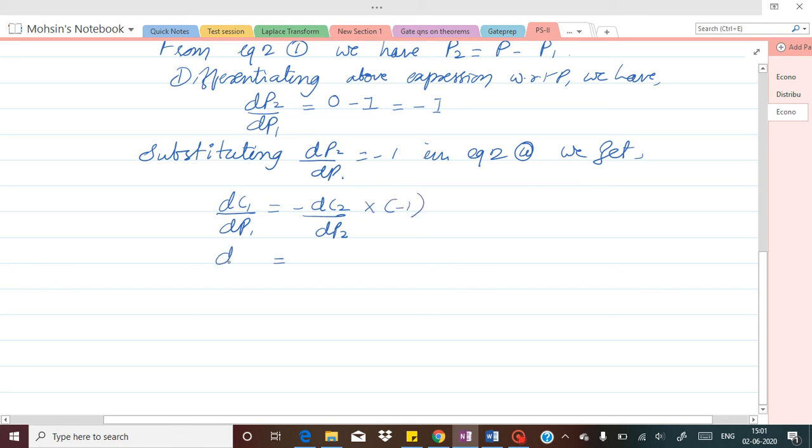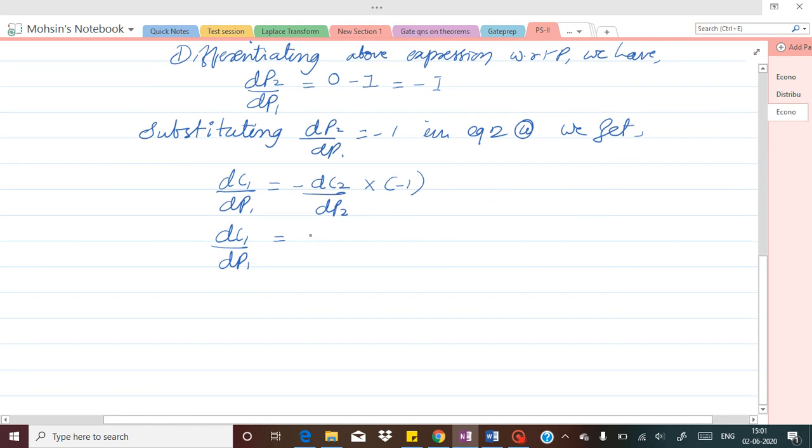Therefore dC1 by dP1 will now be equal to plus dC2 by dP2. Let me indicate this as equation number 6.